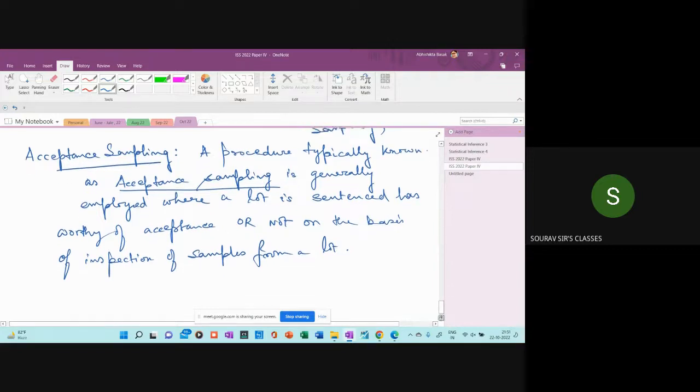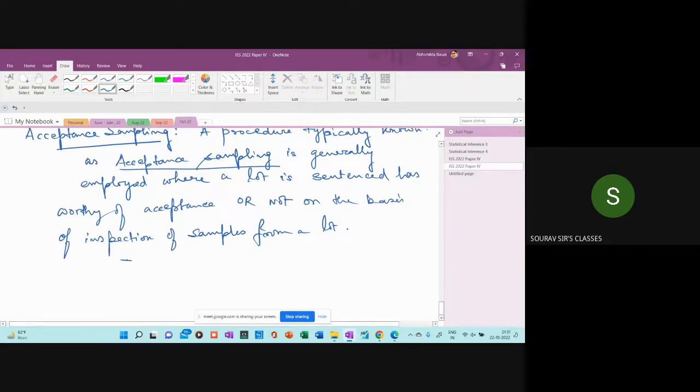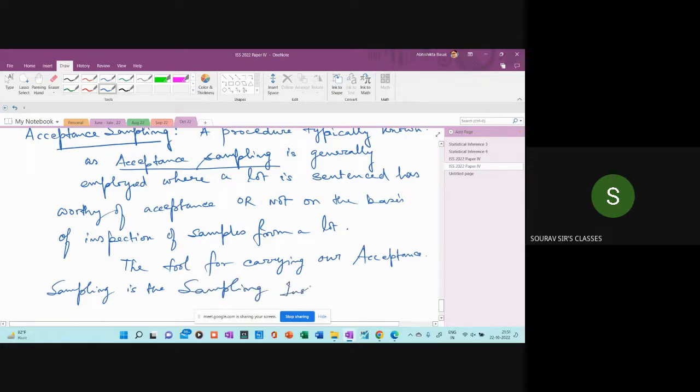Next, what is a sampling inspection plan? The tool for carrying out our acceptance sampling is the sampling inspection plan.